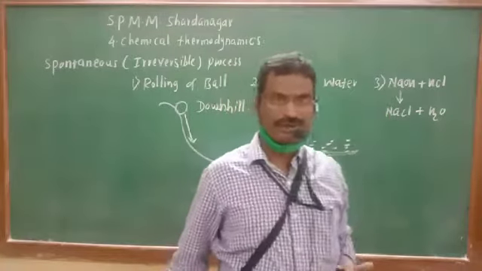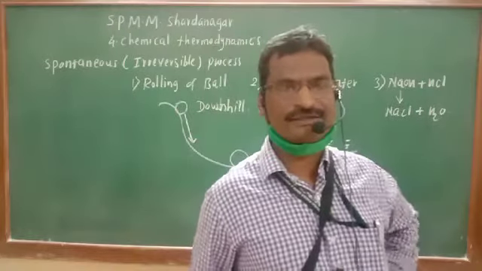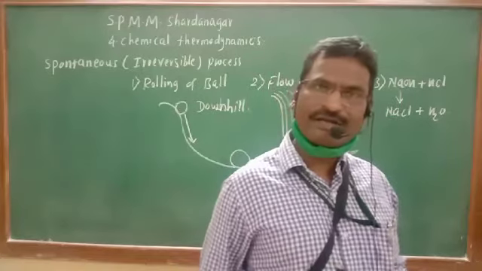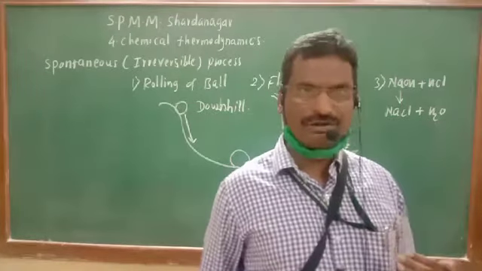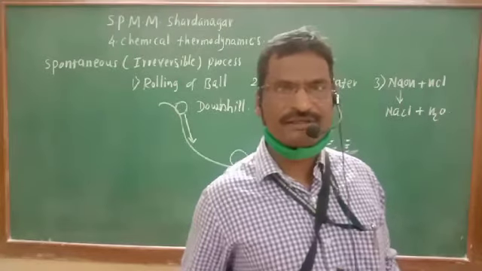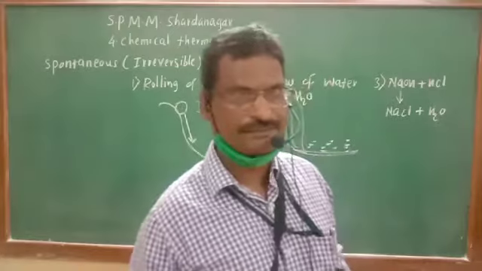We have studied endothermic and exothermic chemical reactions. Endothermic reactions are those reactions which take place with absorption of heat, and exothermic reactions are those reactions which take place with evolution of heat.